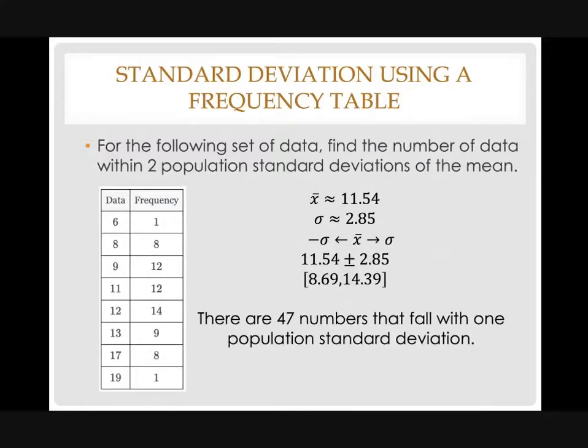We need really any number that's above 8.69 and below 14.39. And so we have these in this portion here that would fall in that category, and we would add the numbers that appear in the frequency list. So that would be 47 numbers, and we get that that is approximately 72%.